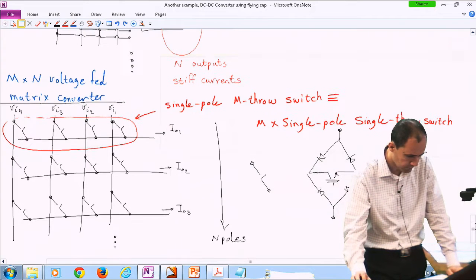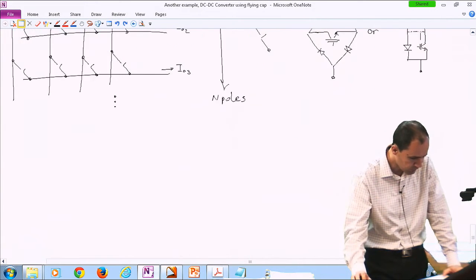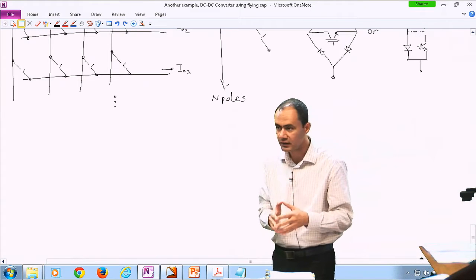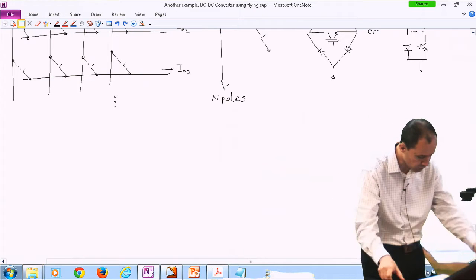All right. Okay. So as I said earlier, one of the names for this topology is actually direct frequency converter, and we are going to see why right now.